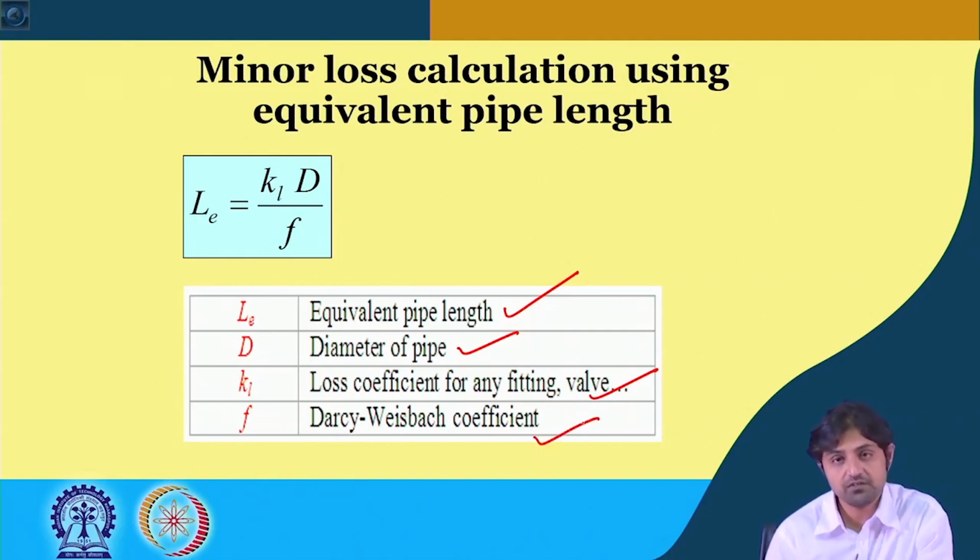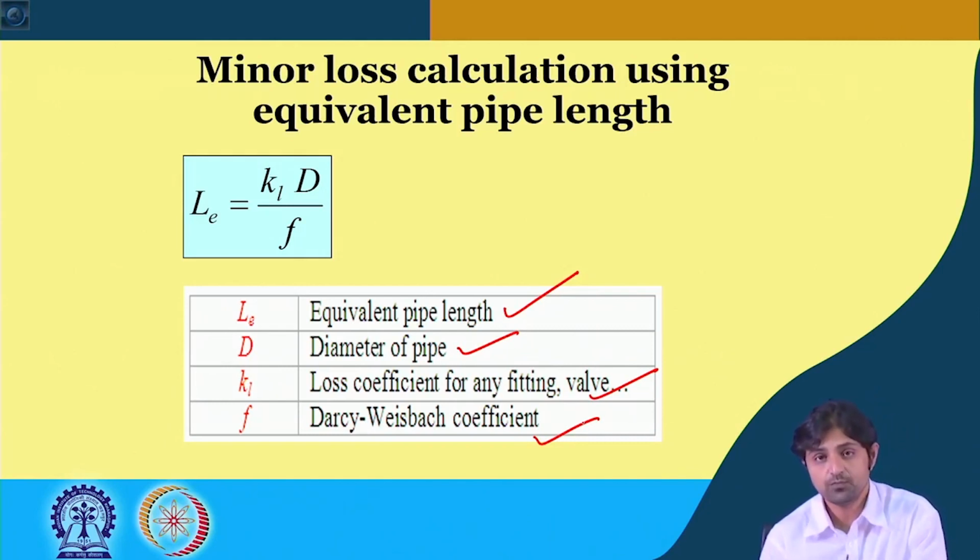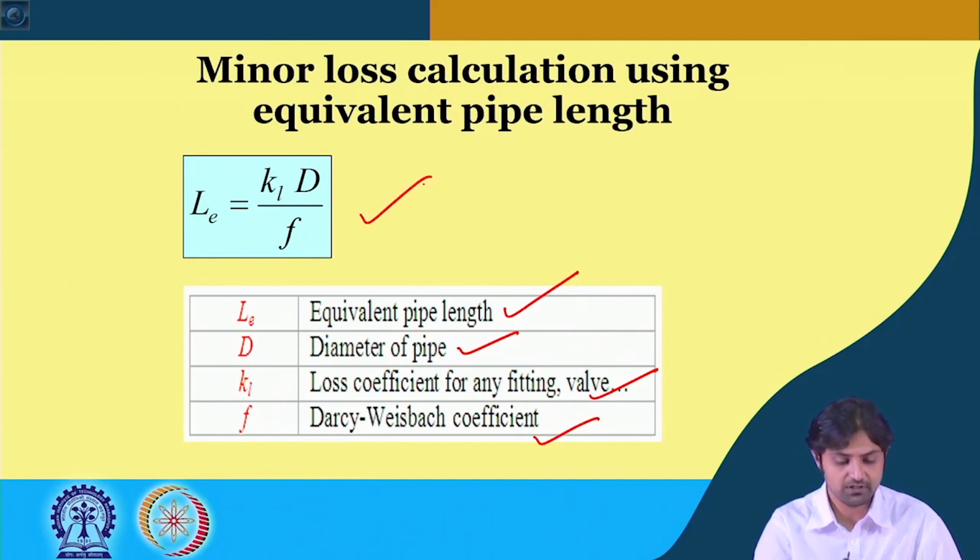For example, there are several pipes connected in series or parallel or a combination of those, and somebody asks you to calculate the equivalent pipe length. If there was one single equivalent pipe, with the equivalent pipe diameter, what would be the effective pipe length? So you can use this formula.